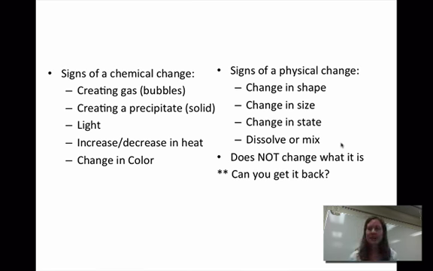Increase and decrease in heat often throws people because you can physically change something, meaning you can make water colder and it will change to ice. That's a physical change because you input the energy, right? You got it cold, you put it in the freezer. The increase and decrease in heat that has to do with the chemical change is that it spontaneously did it.